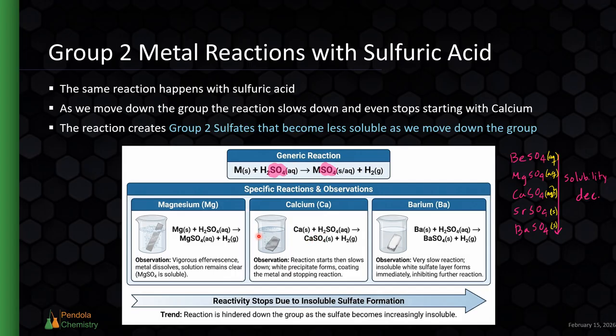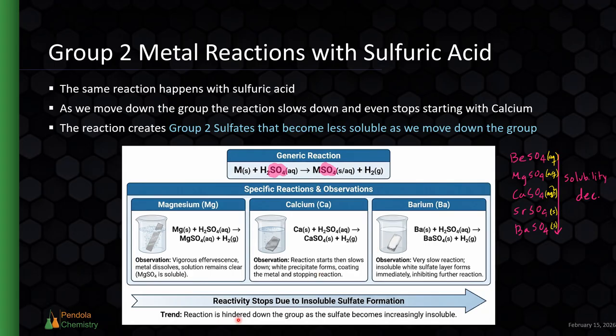This calcium sulfate solid covers the metal and slows down the reaction because calcium sulfate is only slightly soluble. And then with strontium and barium sulfate, the reaction is extremely slow and quickly just shuts off. It just turns off. It stops reacting because the barium and strontium sulfates are solids and they're going to quickly cover that metal, not allowing it to react with the sulfuric acid.